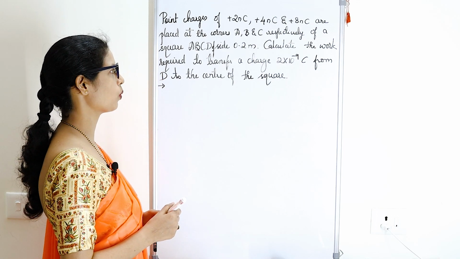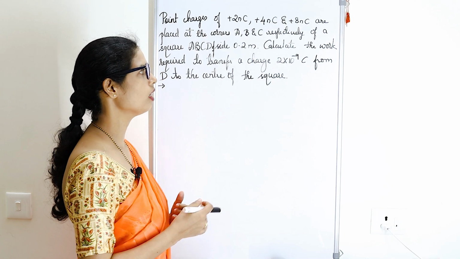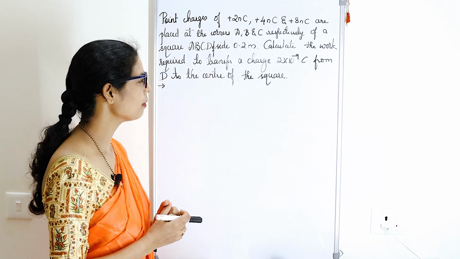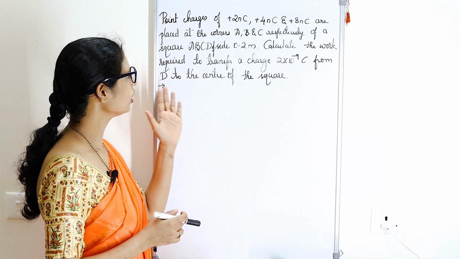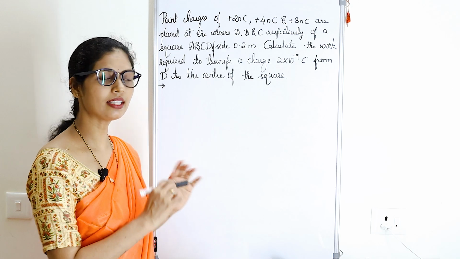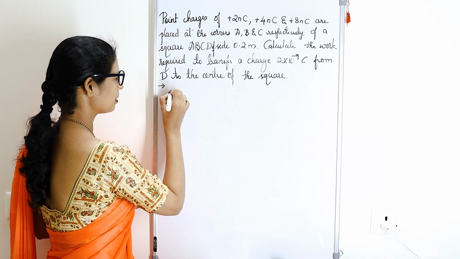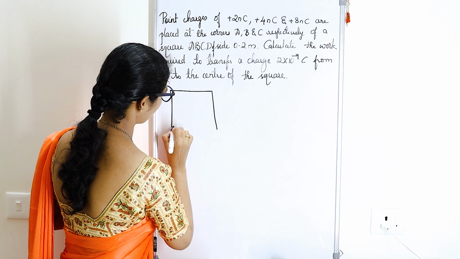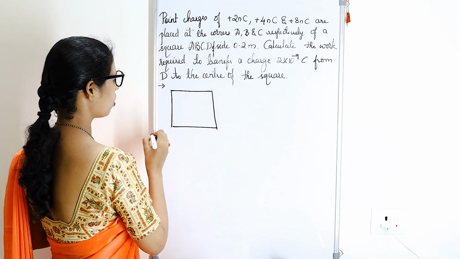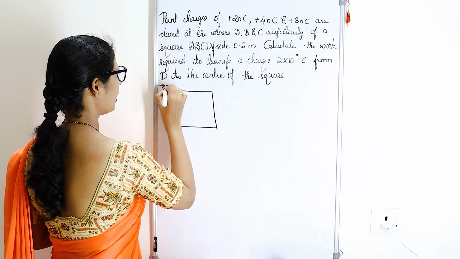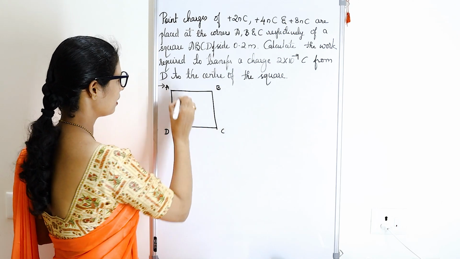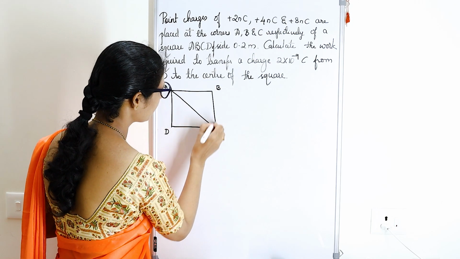Calculate the work required to transfer a charge of 2 into 10 to the power of minus 9 coulomb from D to the center of the square. They have given the diagram here. The diagram shows a square with 4 sides: A, B, C, and this is D, and there is a center to it.